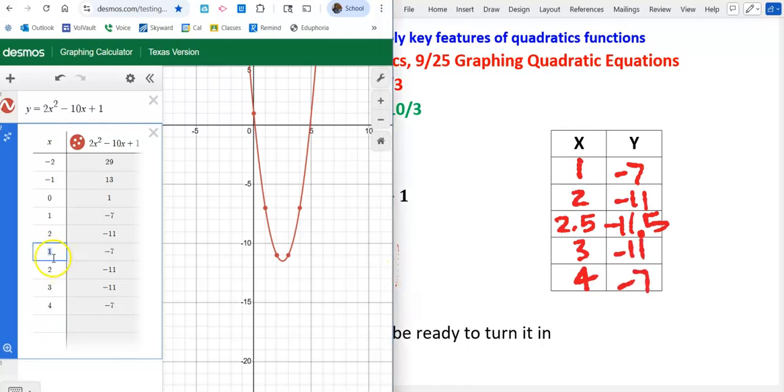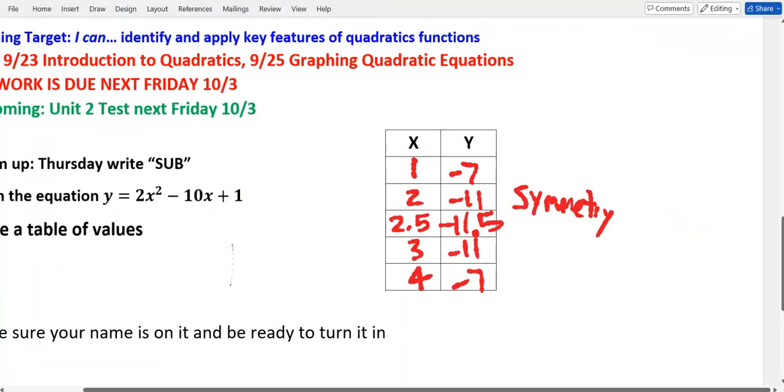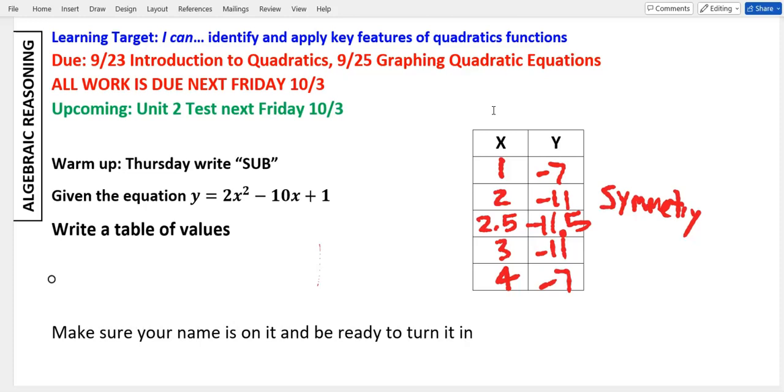Do you see where I'm starting? I'm putting the numbers before 2.5 and the numbers after 2.5, and they should look symmetrical. They should have symmetry of the table, yes. That's what we learned on Wednesday. Know what I'm saying? All right.